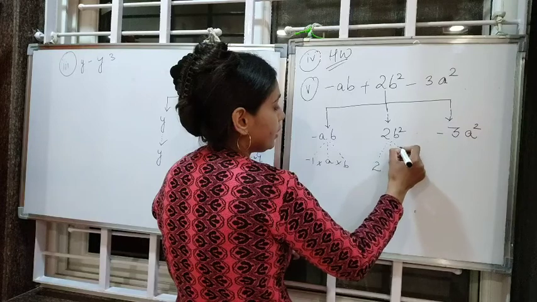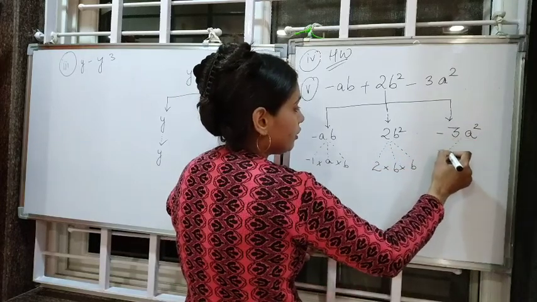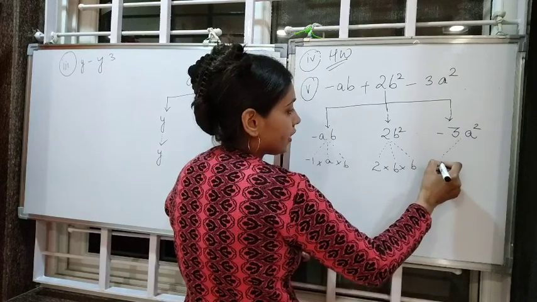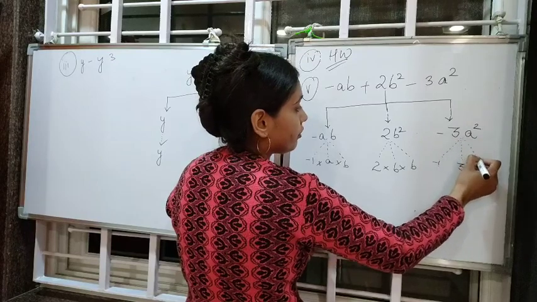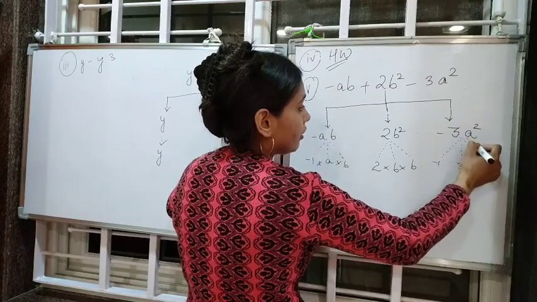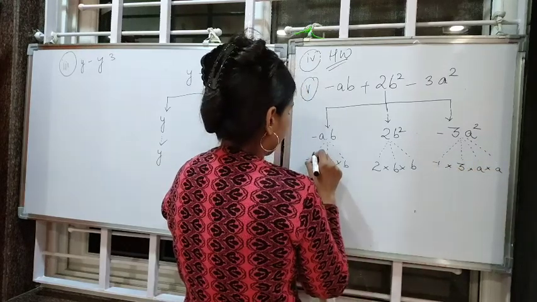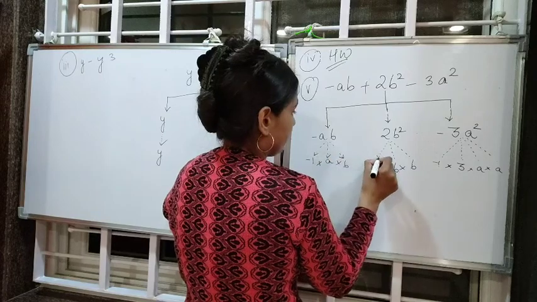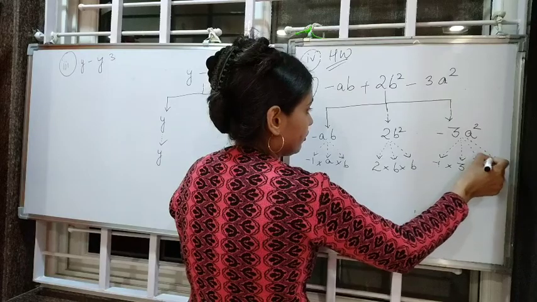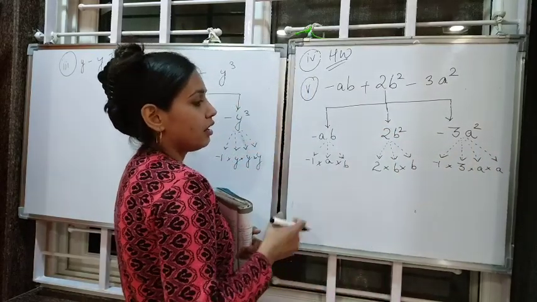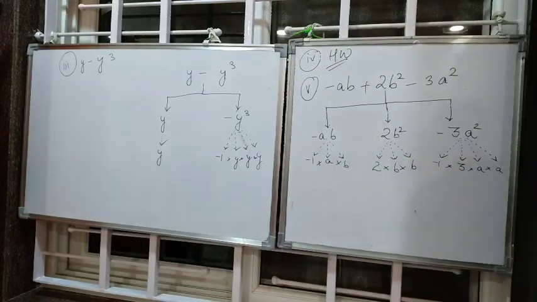The second factor is B. The third factor is also B. Then here the first factor is the minus sign, that is minus 1. Then 3, then A and A. So these are the factors and this completes your question number 2, first part.